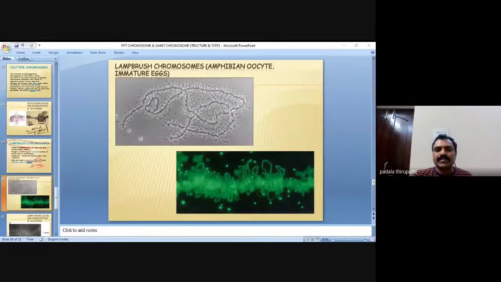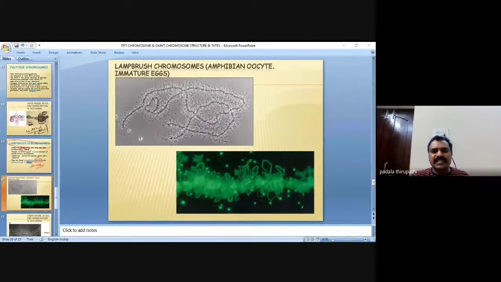See here, this is a loop. This number of loops is observed on the chromosomes. These loops look like brush-like structures, so that's why these chromosomes are also called lampbrush chromosomes.